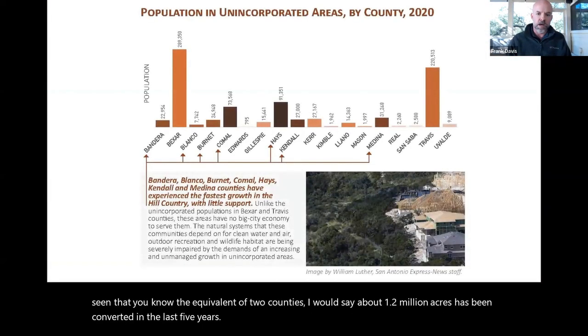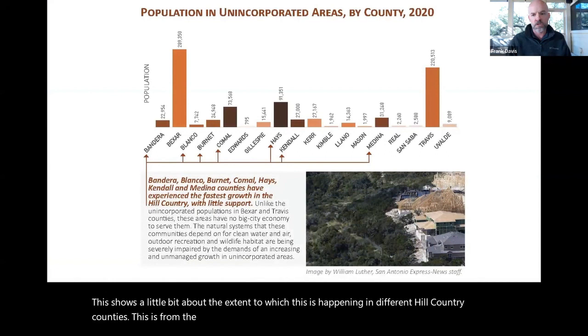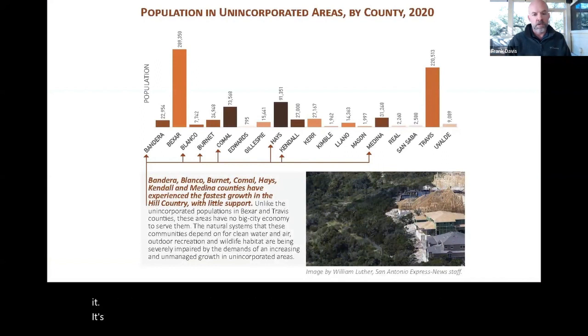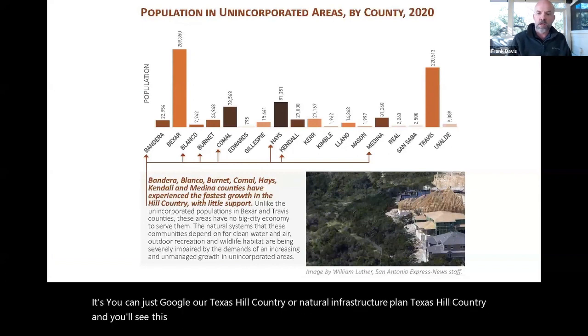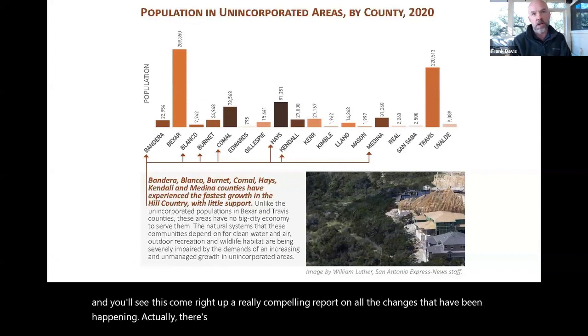This shows a little bit about the extent to which this is happening in different hill country counties. This is from the Natural Infrastructure Plan. For those of you who may be unfamiliar with it, you can just Google Our Texas Hill Country or Natural Infrastructure Plan, Texas Hill Country, and you'll see this come right up. A really compelling report on all of the changes that have been happening. Actually, I'm getting my reports mixed up.